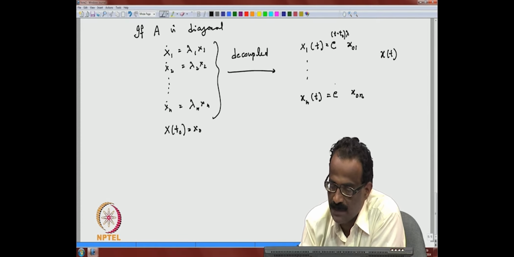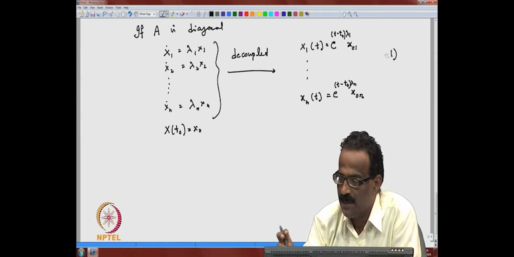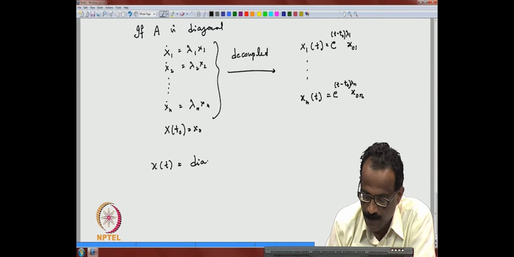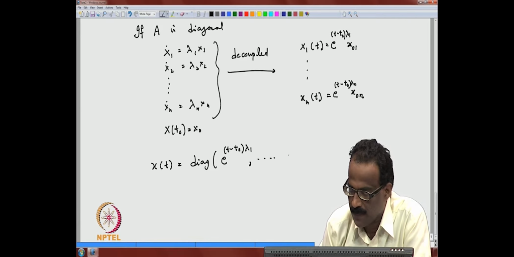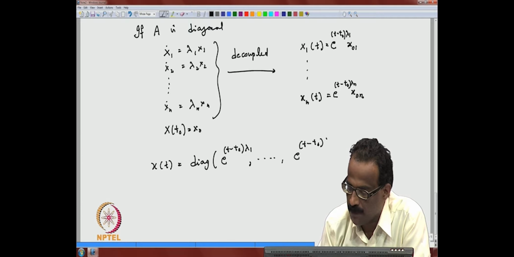This is what I wrote for the initial value at the origin into lambda n x naught. This is just a multiplication. So, if I write these solutions, your x t is nothing but the diagonal of e power (t minus t naught) lambda 1, with entries up to e power (t minus t naught) lambda n.